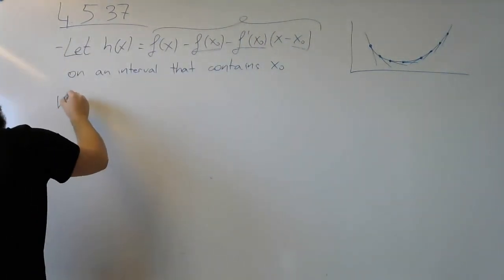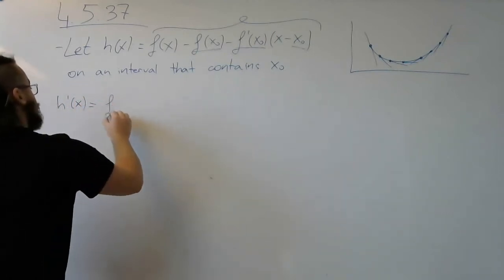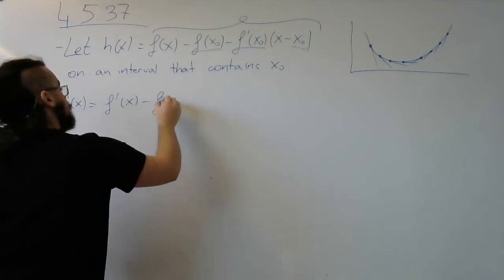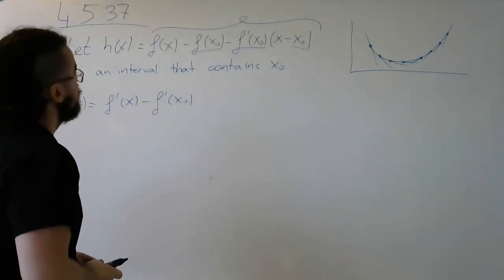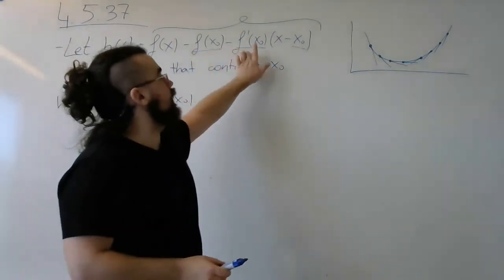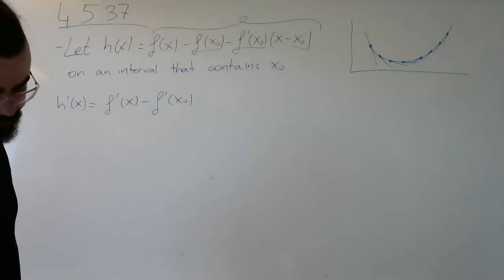So let's do some analysis here. This is f prime of x minus f prime of x0. Because, you know, this is a number, and this times this is also a number, so it's not going to matter.